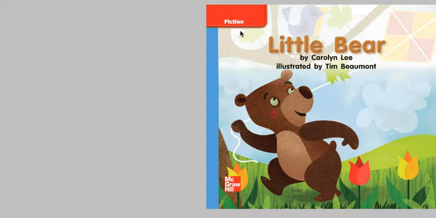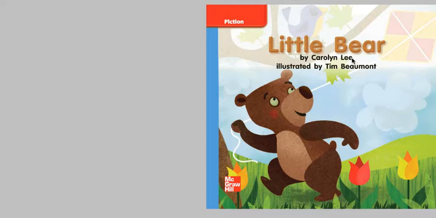How can you tell that this is a fantasy story? There's a kite and there's a bear. Can animals fly kites? No, silly. Animals can't fly kites. That makes that a fantasy story.